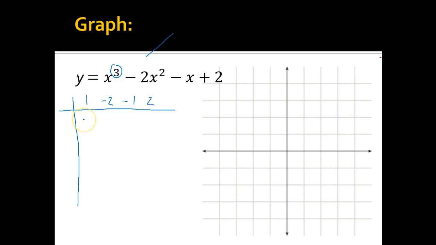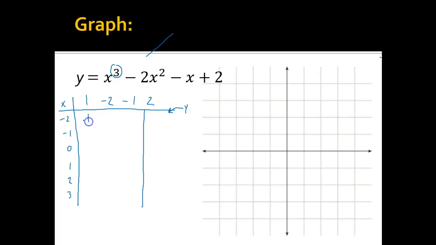I'll start with -2, then -1, 0, 1, 2, 3, and see what happens. Remember that the x value is what we're plugging in, and the y value is the remainder in each case.